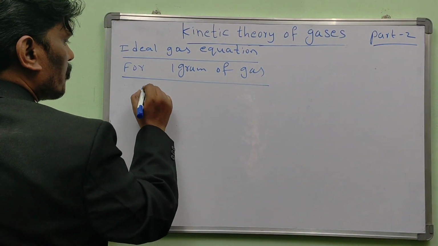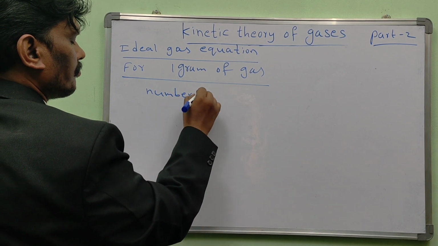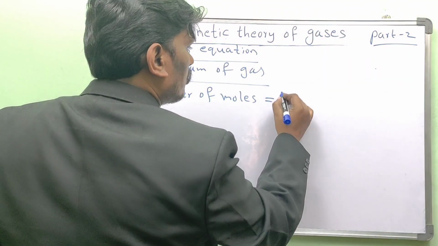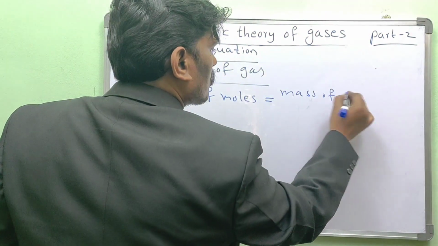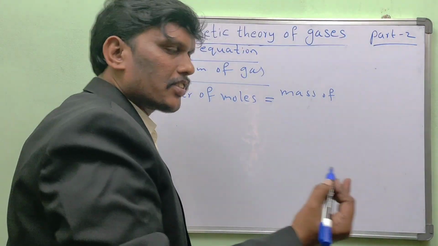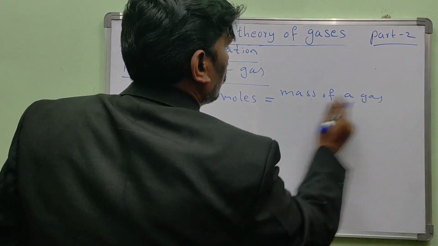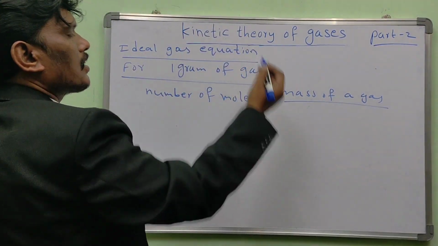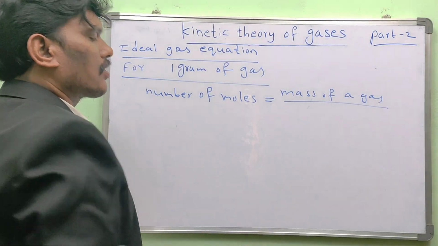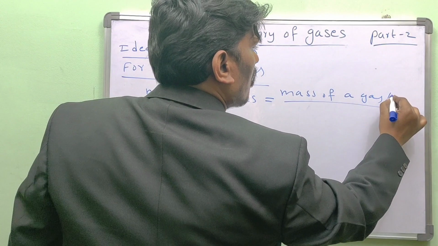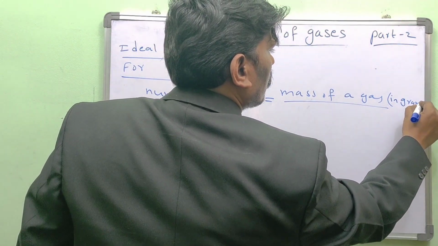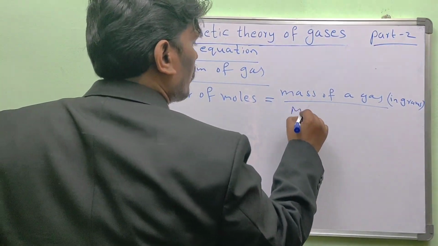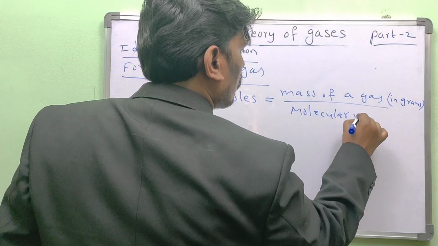The number of moles is equal to the mass of a substance, and here the substance is a gas, in kinetic theory of gases. The mass of the gas should be in grams, divided by the molecular weight.